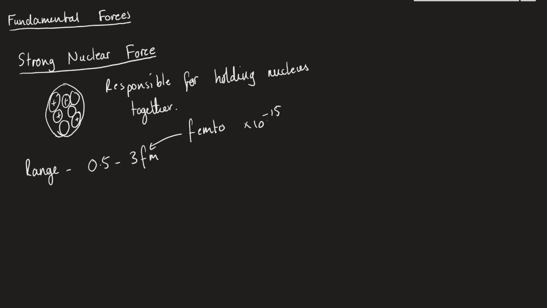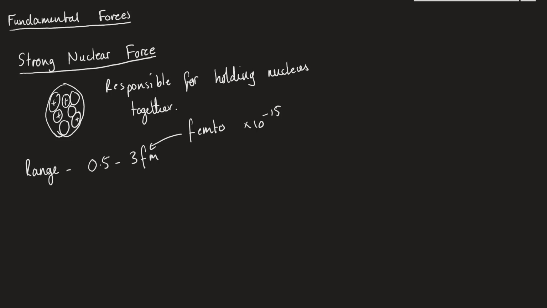So this can only happen specifically between 2 protons or 2 neutrons or something like that. What happens outside of these regions is what we would expect to happen. If we get even closer than 0.5 femtometers to each other, then we get that repulsion, because at that distance the strong nuclear force doesn't have an effective force there, and so it just reverts back to what we would expect.